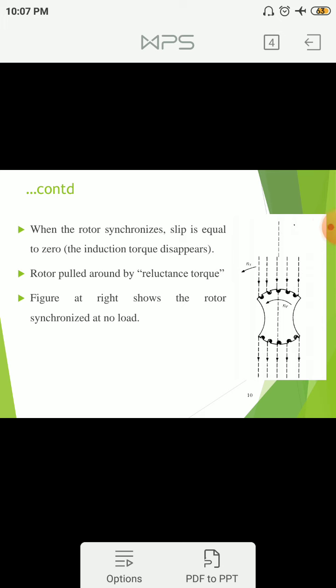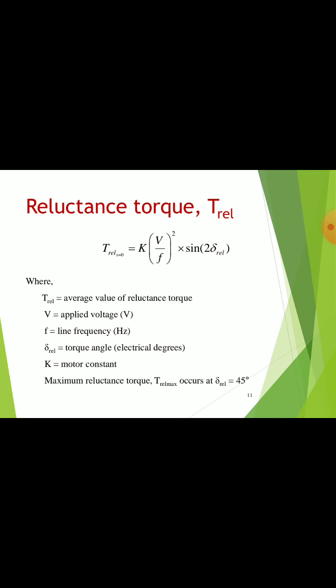The figure at the right shows the rotor synchronized at no load, and here at no load the rotor is synchronized, that is the rotor is aligned in the low reluctance position, that is the magnetic field lines can easily flow through this rotor. That is the minimum reluctance position.